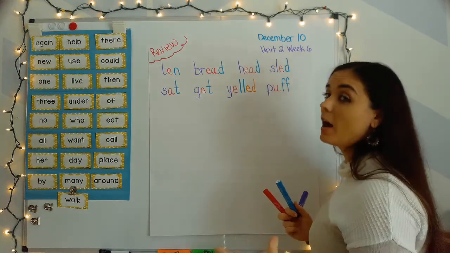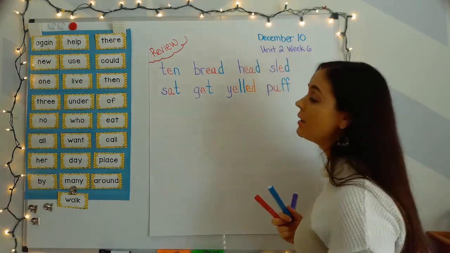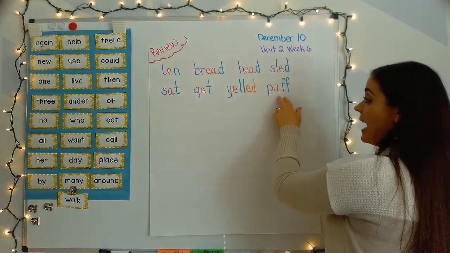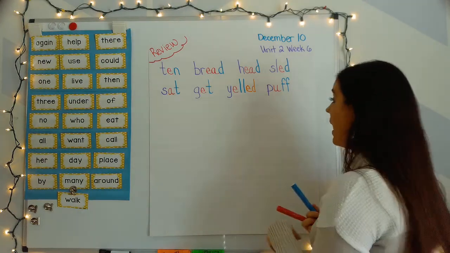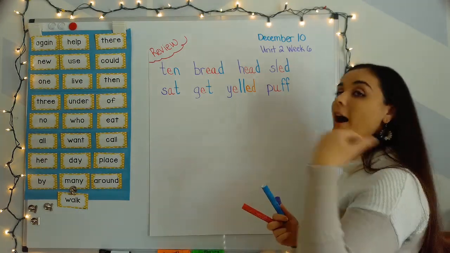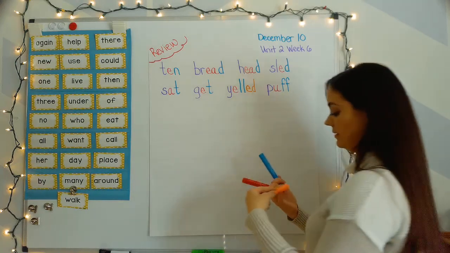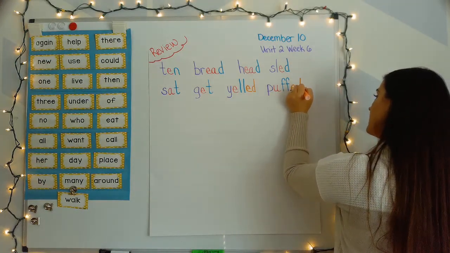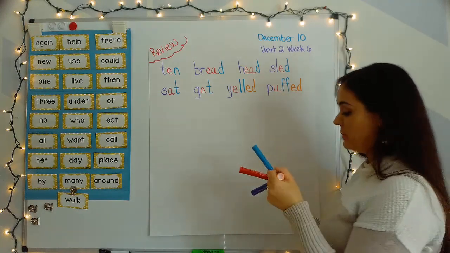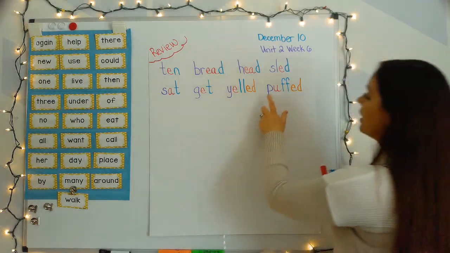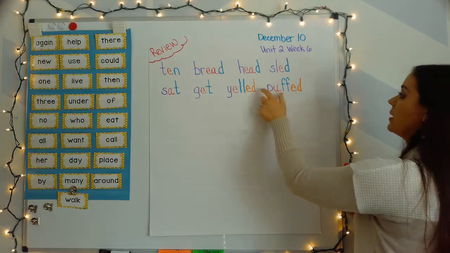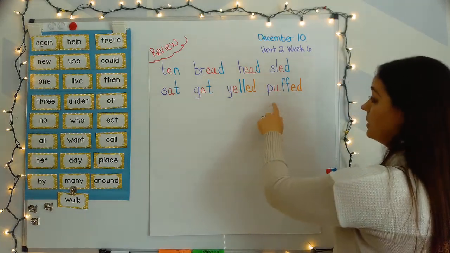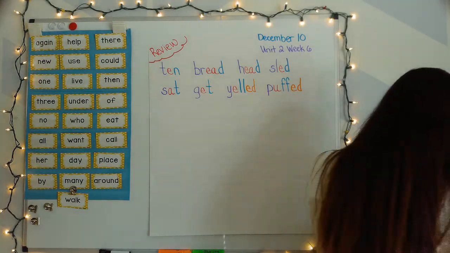So if I huffed and I puffed, I'm going to say that I did that yesterday, in the past. So if you are puffed, you have to add an ed, just like we just blended it before we wrote the word. Puffed. So you see this word, you still blend it exactly the same.